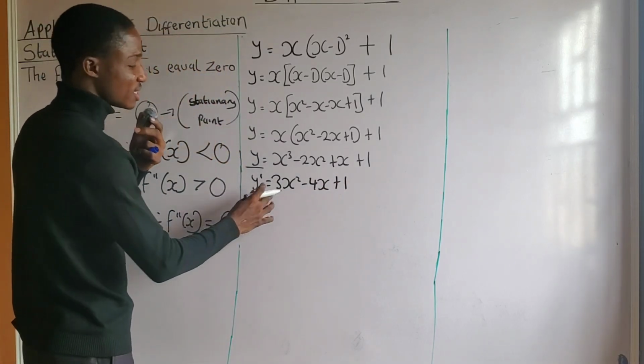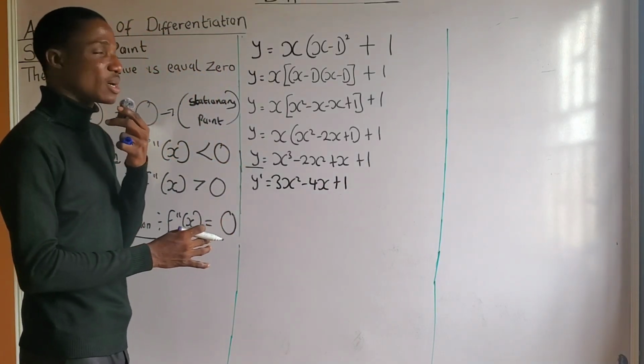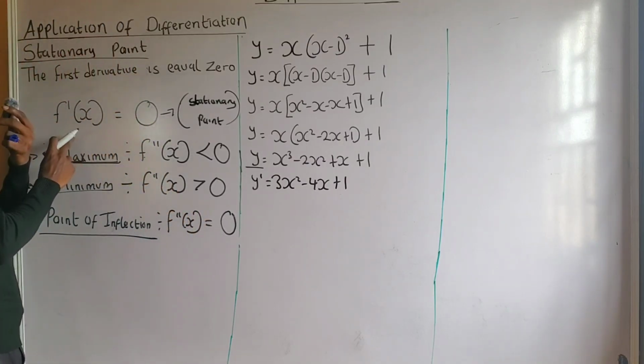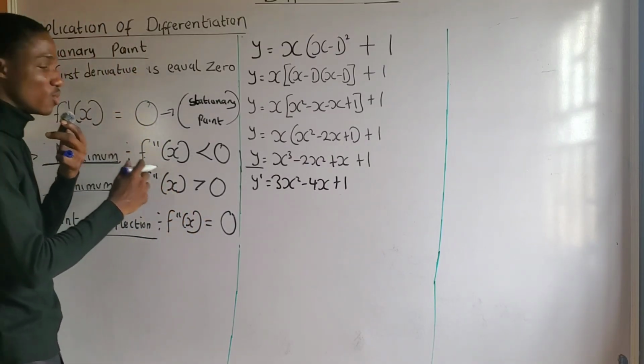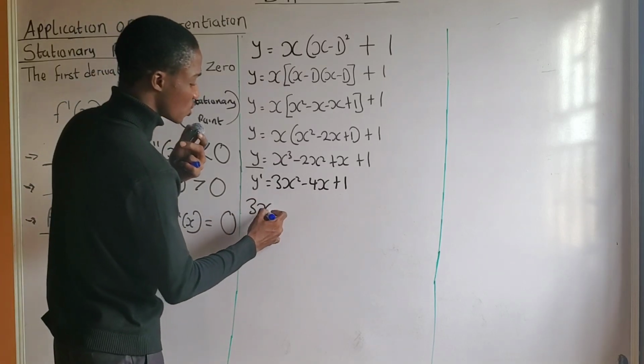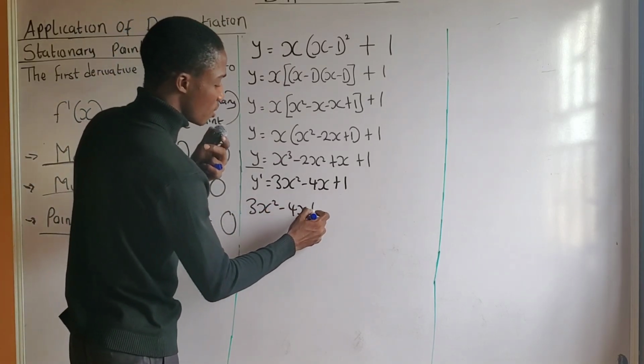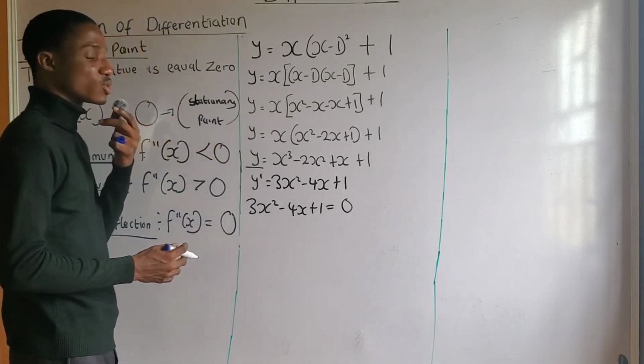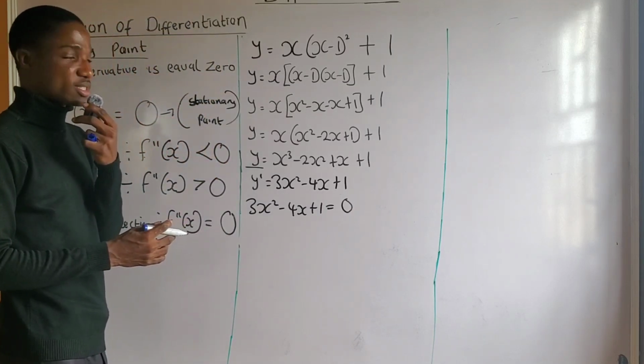Now, I'm going to set this derivative equal to 0 because what I'm looking for is the stationary point, and at a stationary point, the derivative of the function is equal to 0. So I'm going to have 3x squared minus 4x plus 1 equals 0, okay? Now, to do this, I'm going to factorize, you understand?